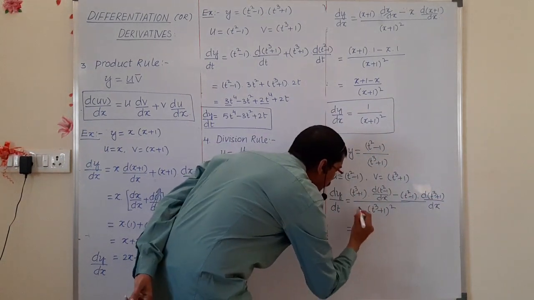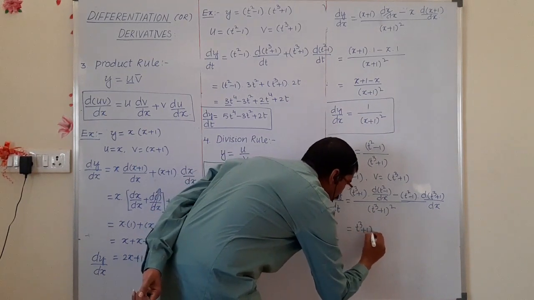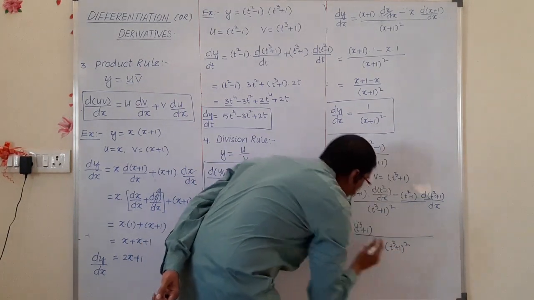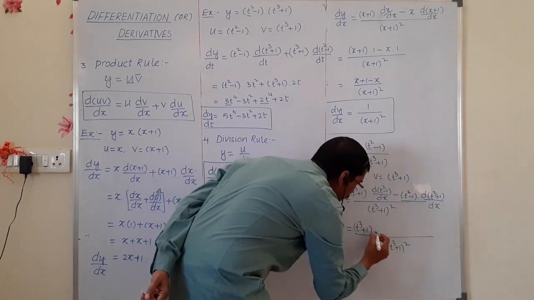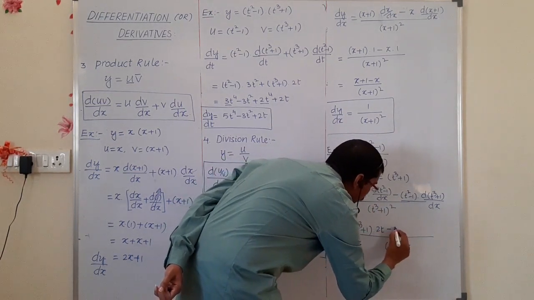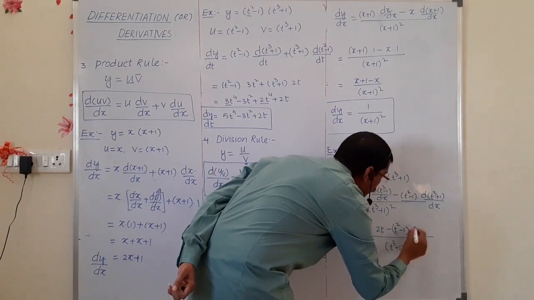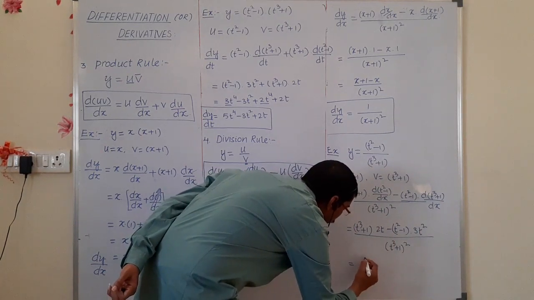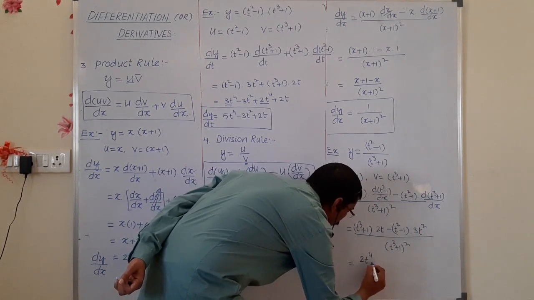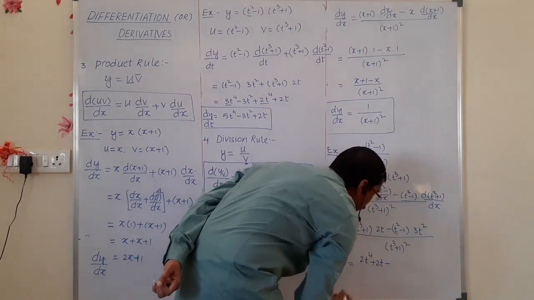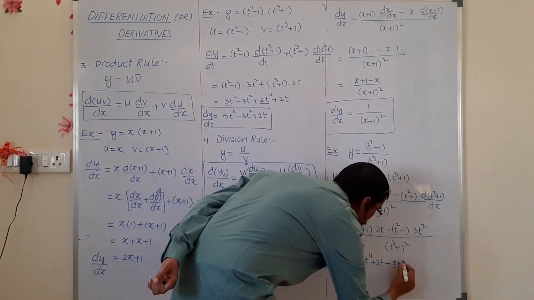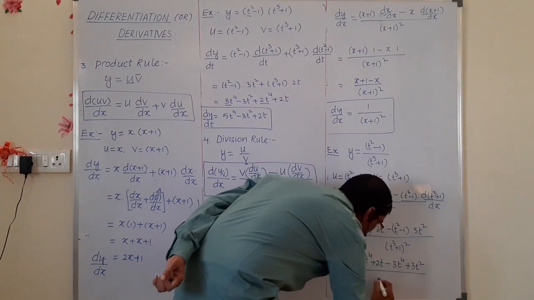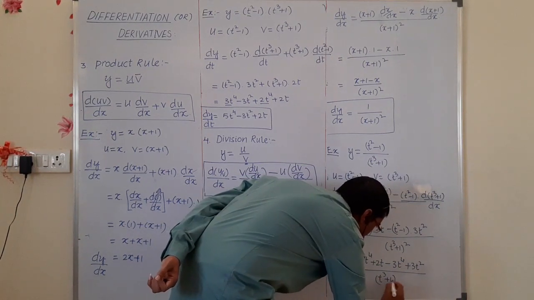Now directly I am writing here the t cube plus 1, that is the denominator, (t cube plus 1) square, and t square minus 1 is a constant. Here what will happen? 2t, minus (t square minus 1), here we will get 3t square. Then after it will be 2t to the power of 4 plus 2t minus 3t to the power of 4 plus 3t square upon (t cube plus 1) whole square.